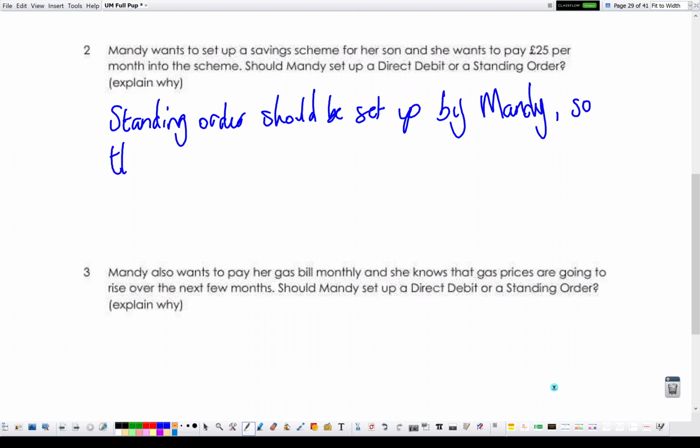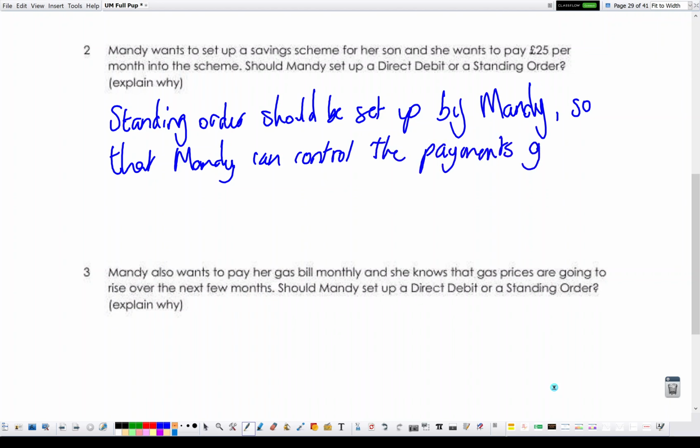So that Mandy can control the payments going into her son's account. Okay, so again, people to people, it would be a standing order.